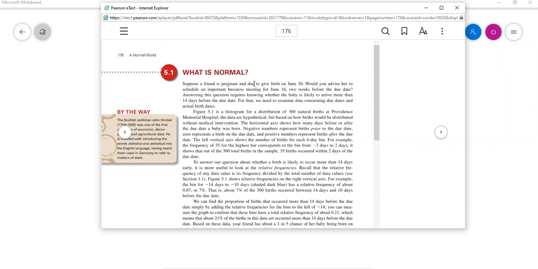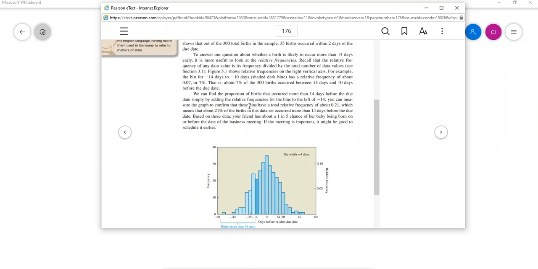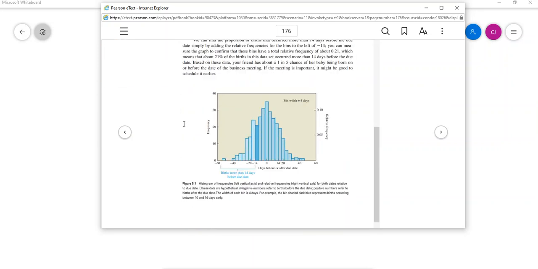So what we have to think about first is, okay, when we say normal, what's that shape? And they give an example here on page 176. They say if you have a bunch of responses kind of in the middle, and as you move in either direction away from the middle, to the right or to the left, the number of data values falling in each of these categories drops off very quickly as you go away from the middle.